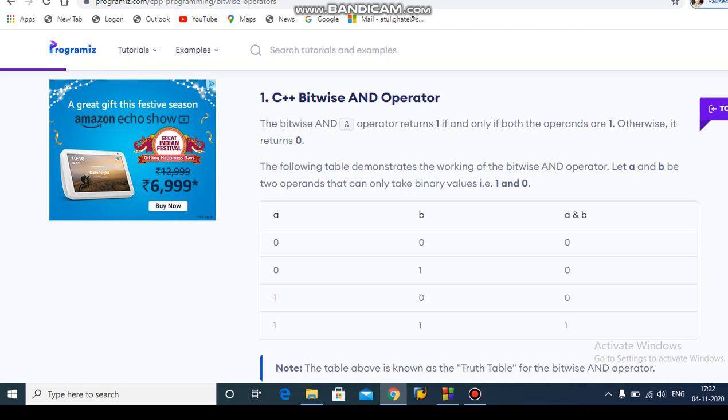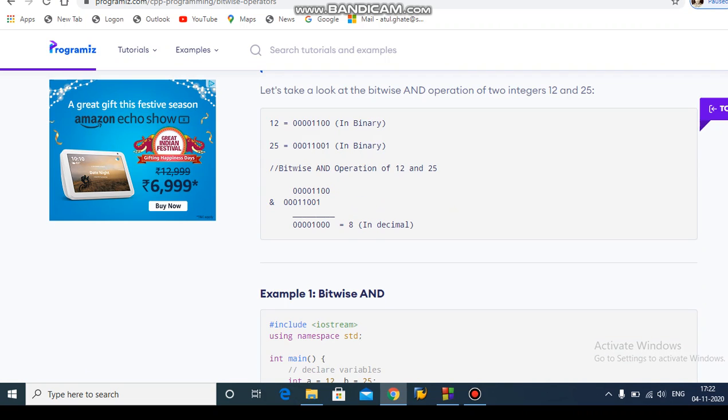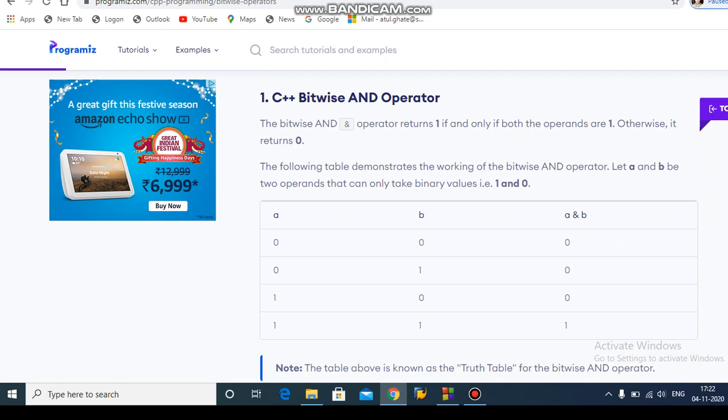These numbers are converted into binary numbers. I will explain in the next lecture how we convert a number into binary form. In this lecture we are giving introductory information. So this is the truth table.